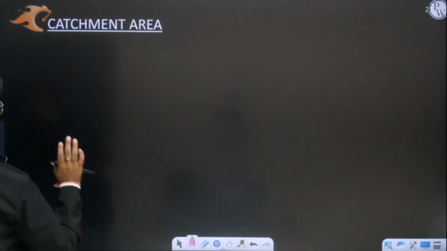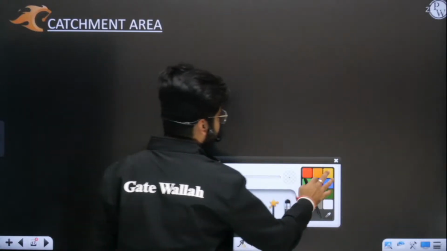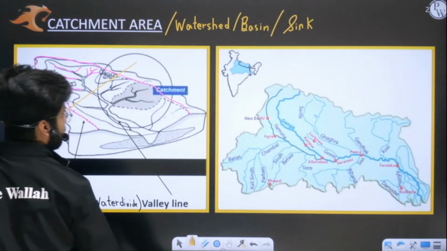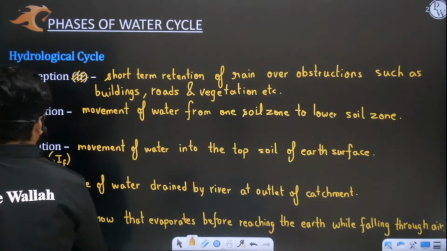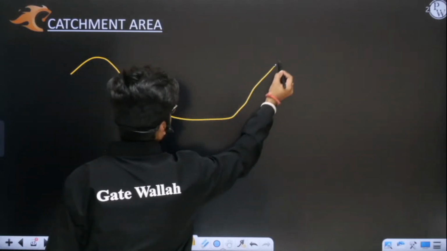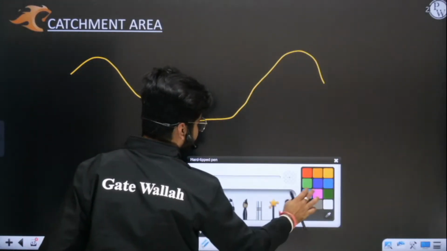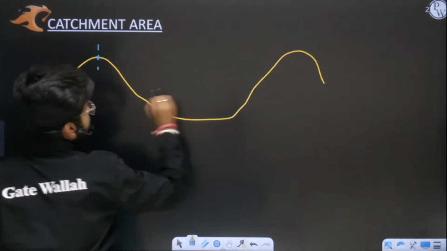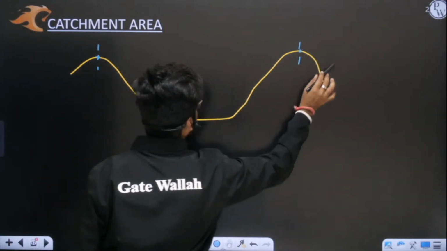Okay, you need to understand one very basic thing, if I'm taking a cross section of this. See, this is your highest point, this is your ridge.